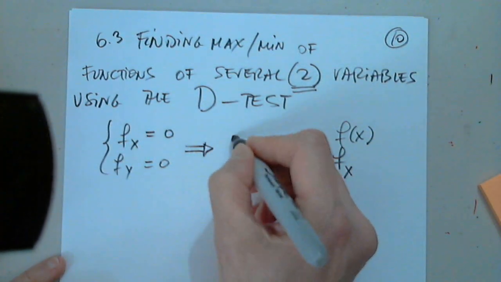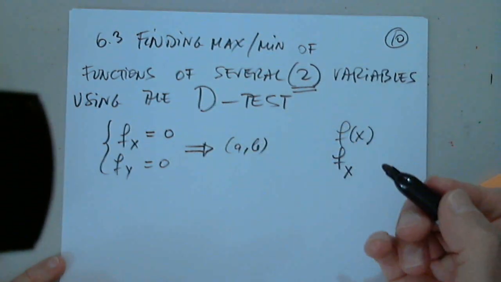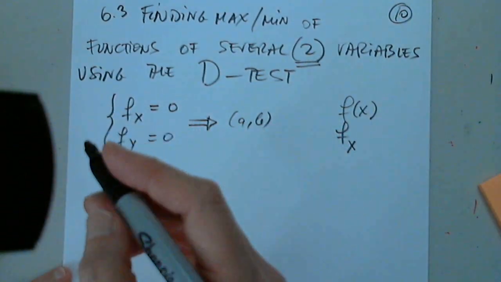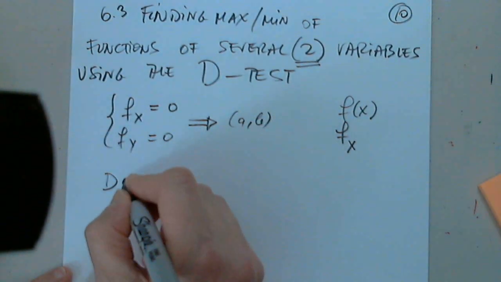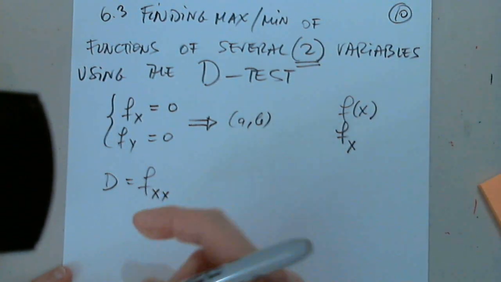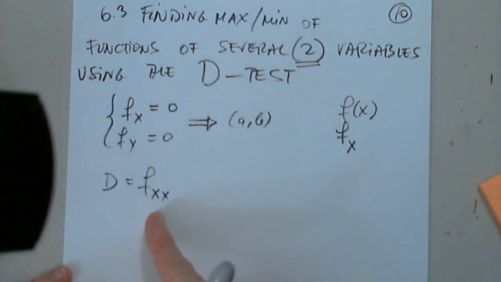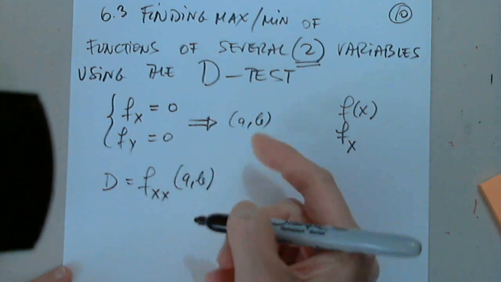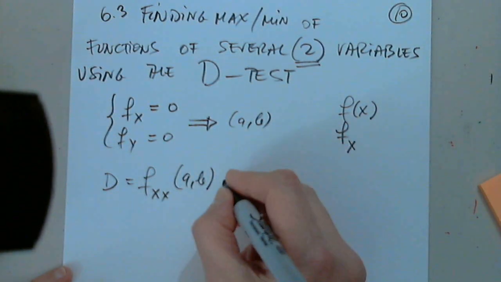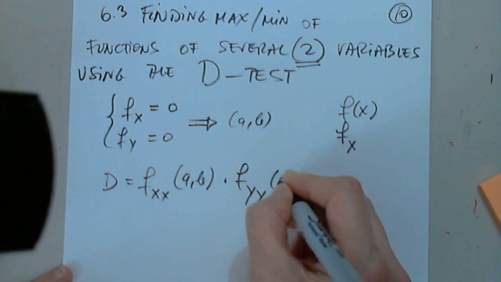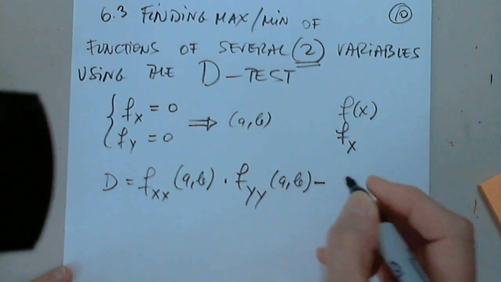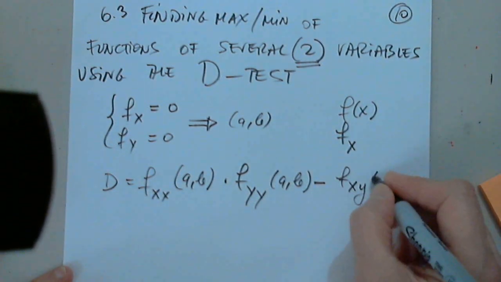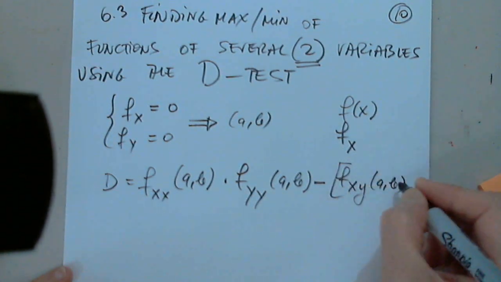From this system, we get a point or points, and then we determine D, that is f_xx, the second partial xx, evaluated at (a, b), this point or points, multiplied by f_yy at (a, b), minus f_xy at (a, b), squared.